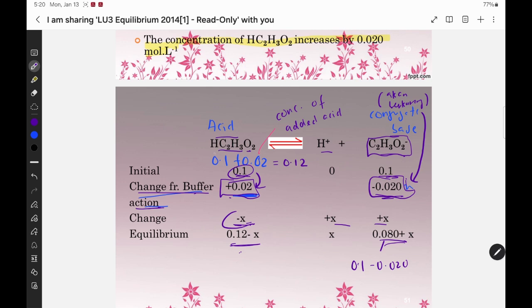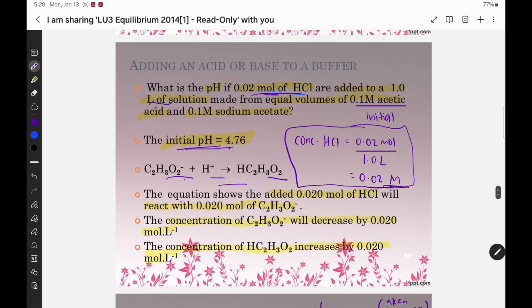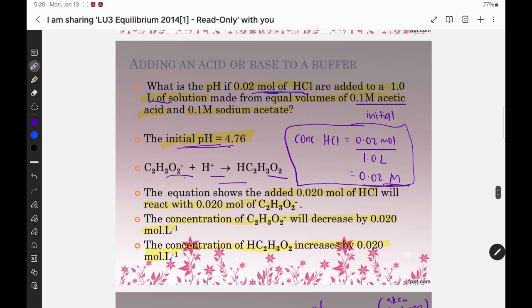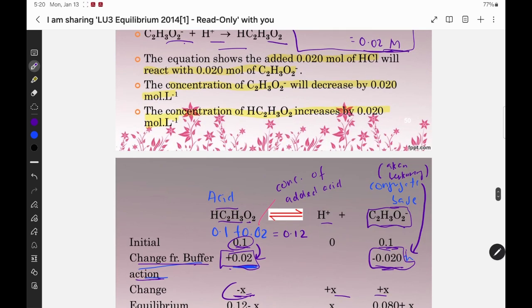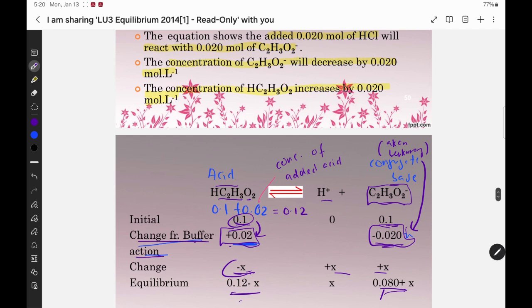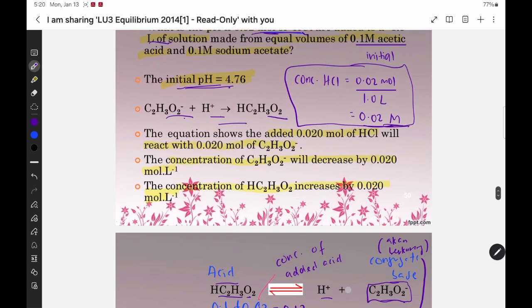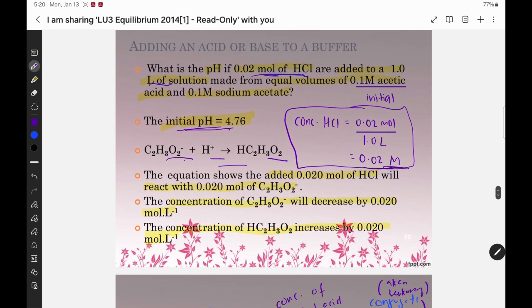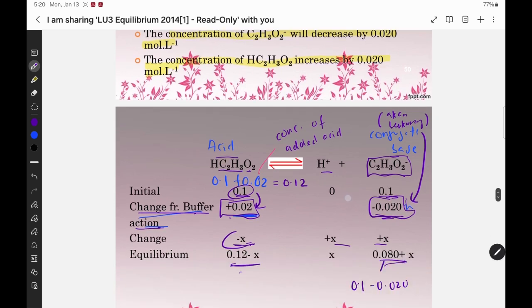So here, as mentioned in the question, the HCl is added to the acetic acid. So for the initial for the acid, which is 0.1 molar, and also for the conjugate base, which is C2H3O2 negative, because the ratio of mole of this reactant and product in the dissociation equation is the same.